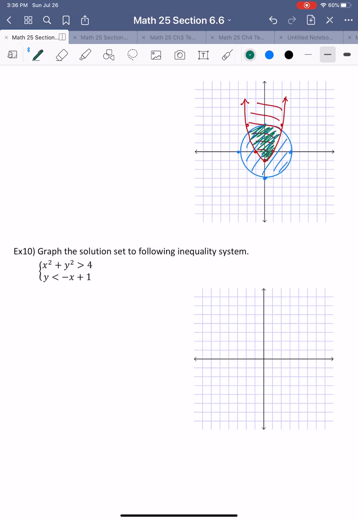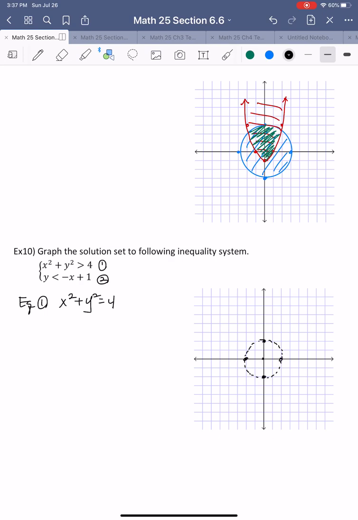Graph the solution set of the following inequalities, inequality 1 and inequality 2. Inequality 1 is x squared plus y squared greater than 4. So you have x squared plus y squared equal to 4, center 0, 0 with radius 2. But this time it is dashed.